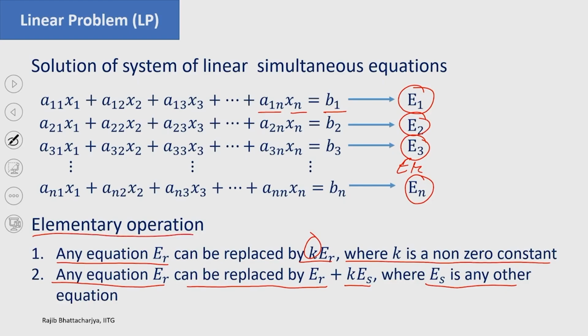So, the first one is that I can multiply an equation by a constant, and the solution will not change. The second one is that I can replace an equation Er by Er plus k Es, and then also the solution will not change. By using these two operations I can solve this problem.